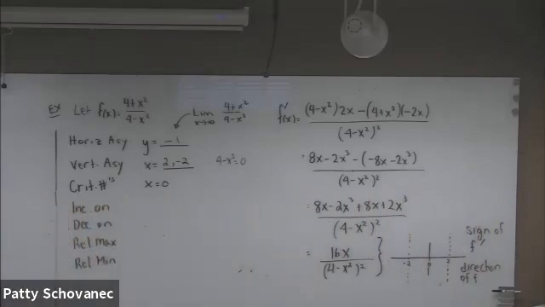It's quick to plug them in because you don't have to plug anything in the bottom. Bottom is a quantity that's squared. No matter what you put in there, it's going to be positive. So the sign of the derivative follows the sign of the numerator.